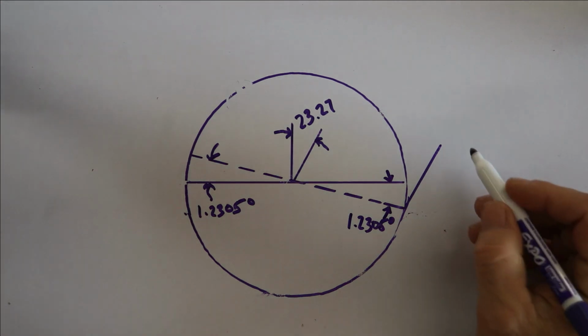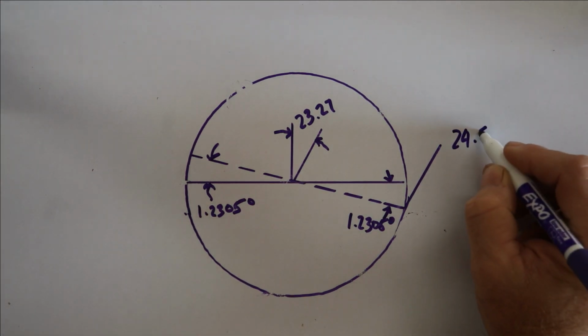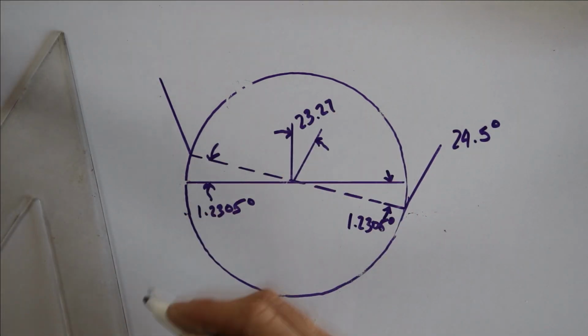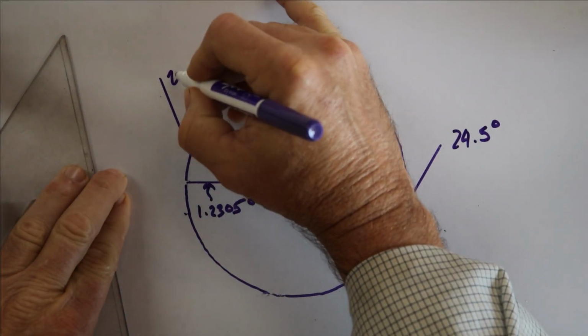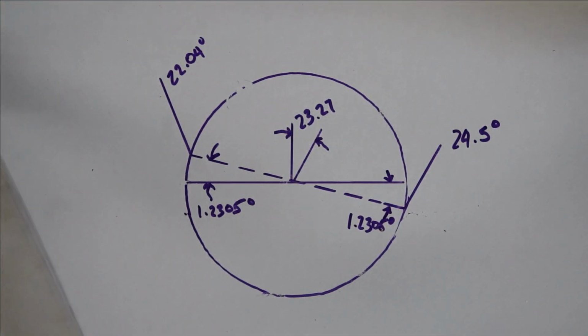So this tilt would be 24.5, and the tilt on this side will be 22.04 degrees. Now, does that make sense to people?